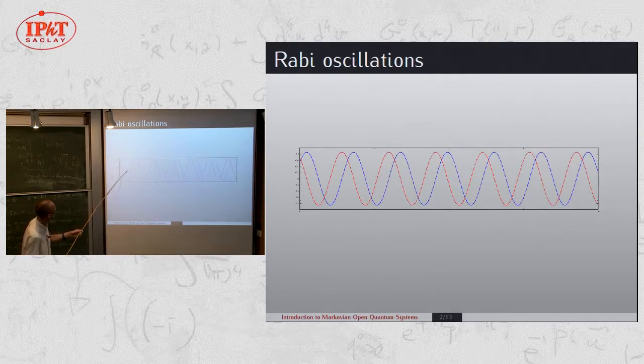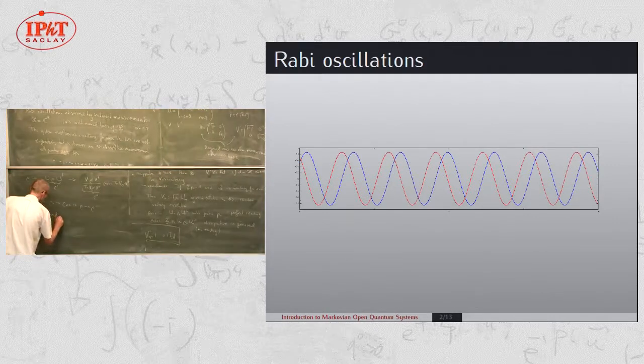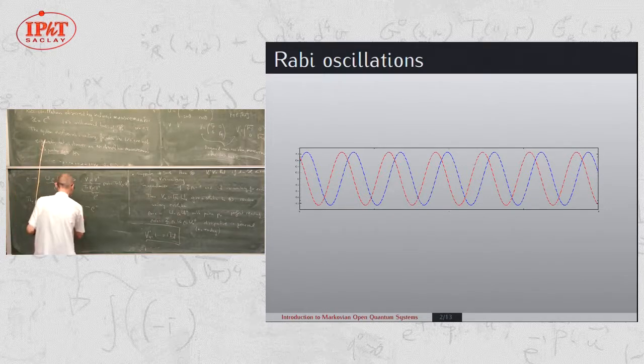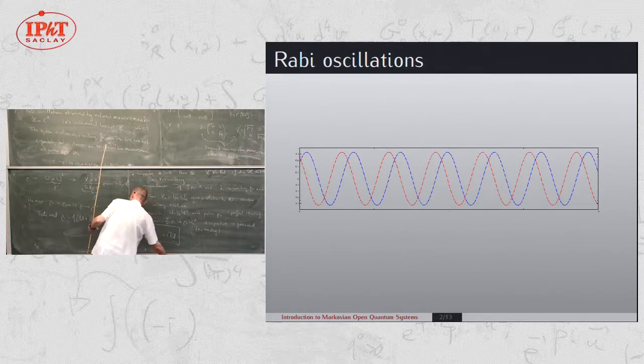And this blue line here is just, okay, so if I decompose, take a real rho 0 and write it as 1/2 times identity plus x sigma z, plus k sigma x.